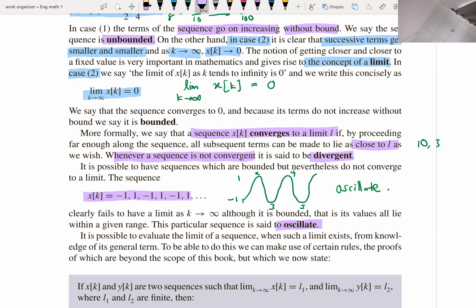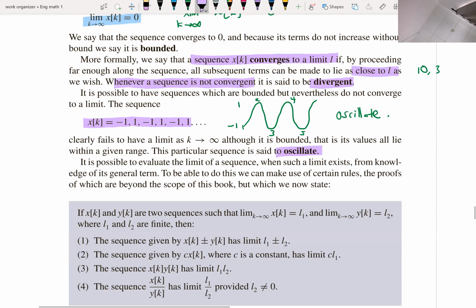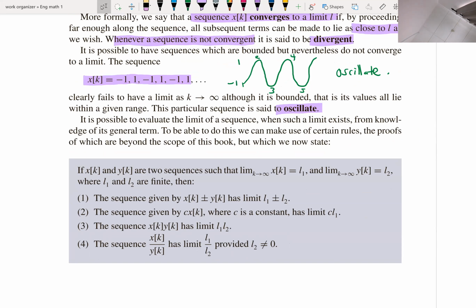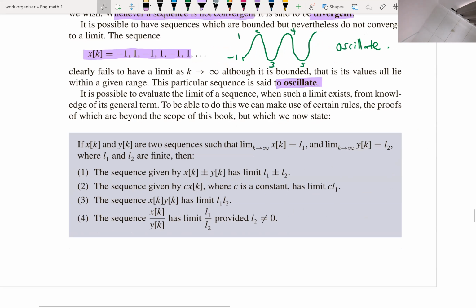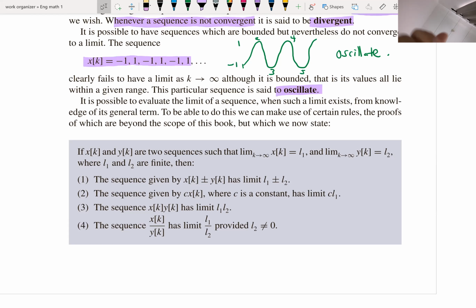Actually, the wording in the gray box is the properties of limits. If x k plus or minus y k, the limit also can be plus or minus: let's say this is L1 and this is L2, so it can be plus or minus as well.